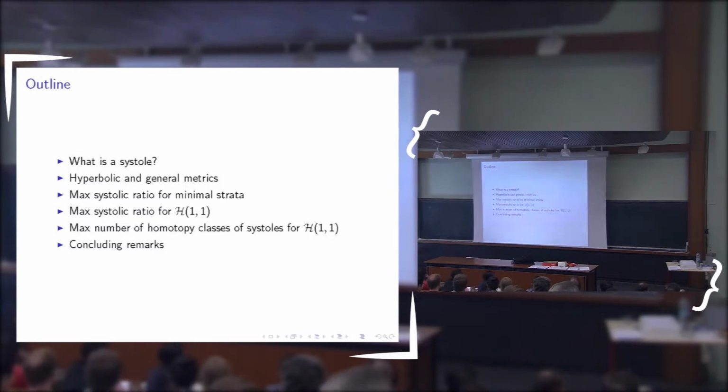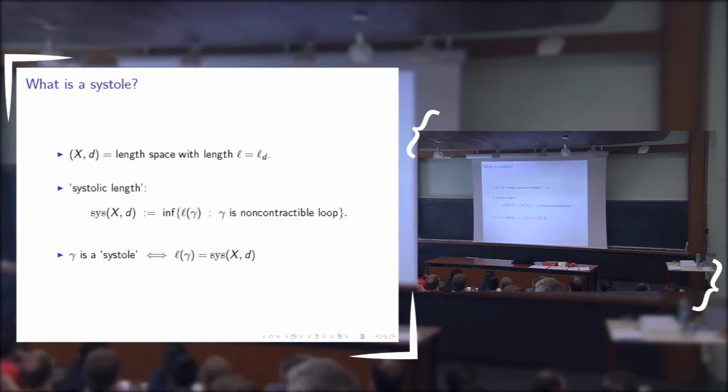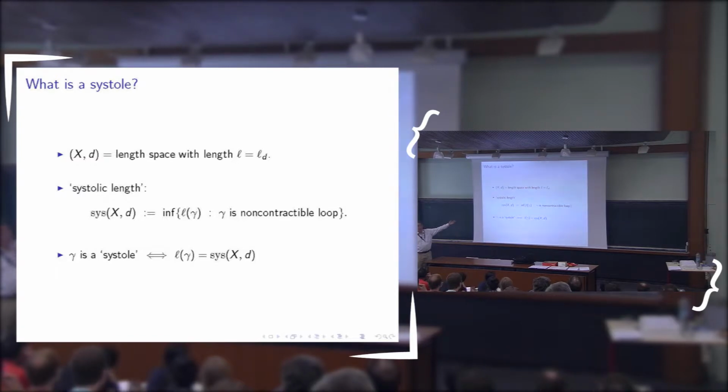Okay, so what is a systole? So just take a length space associated to some metric D, and take noncontractible loops. So these are not base loops, just take any loops.